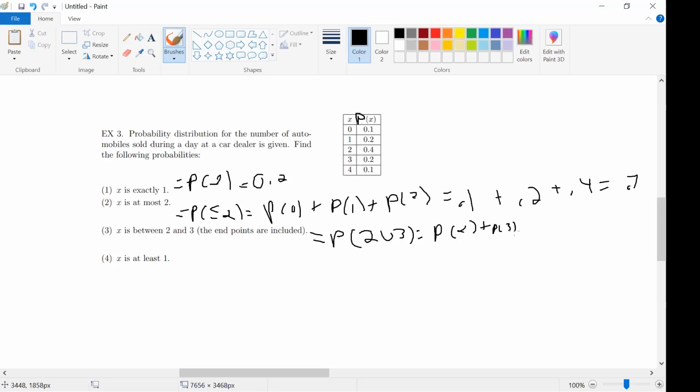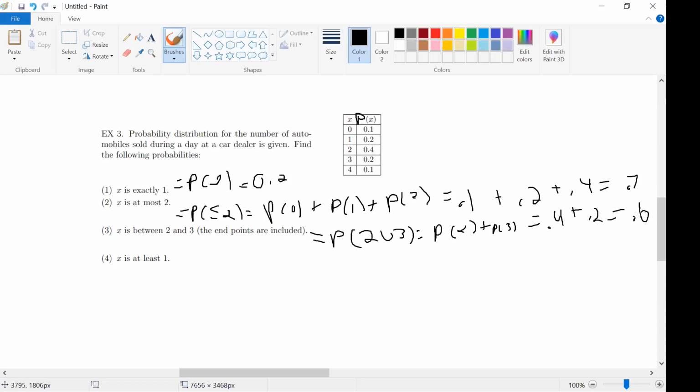That's a shortcut. Technically, with the full law, we have to subtract the probability of 2 and 3, but we know these are mutually exclusive because you can't have 2 and 3 cars at the exact same time. It's 2 or 3, so that's pretty much implied, and we can use that shortcut. So P of 2 is 0.4, P of 3 is 0.2, so 0.6.